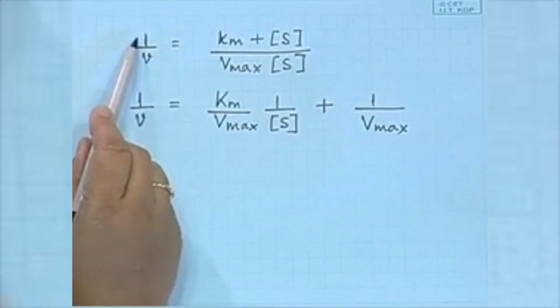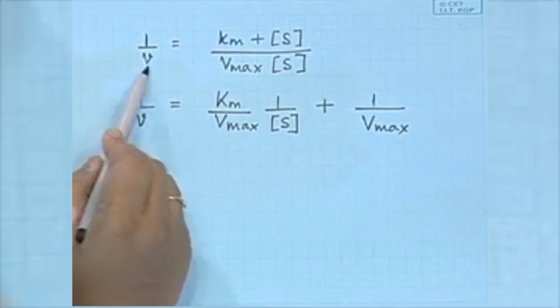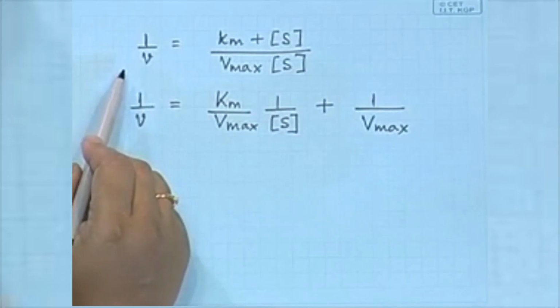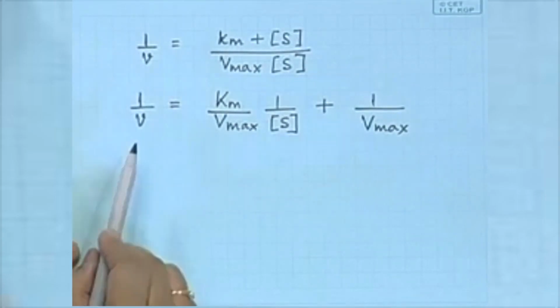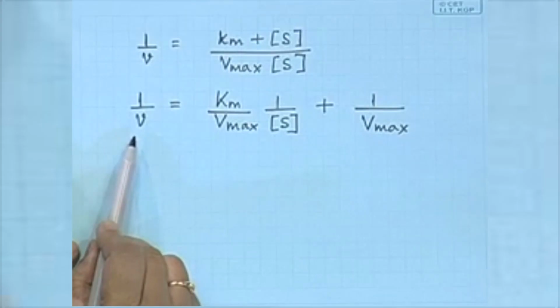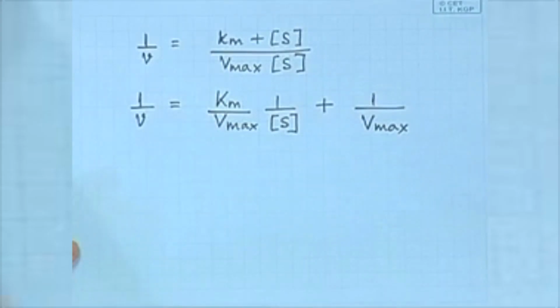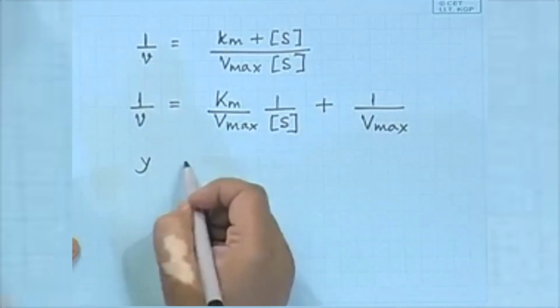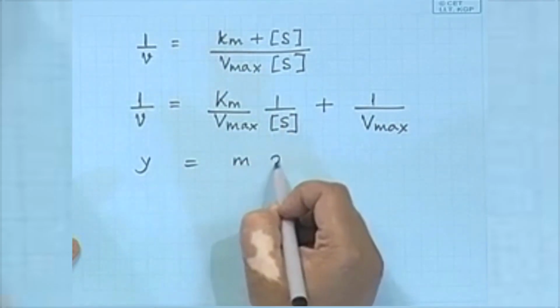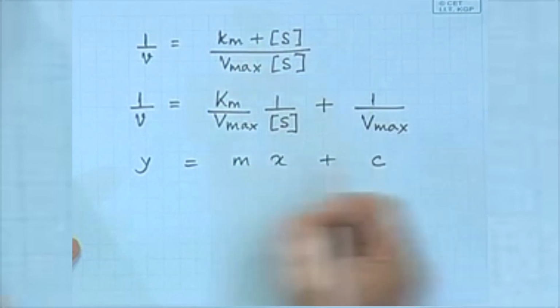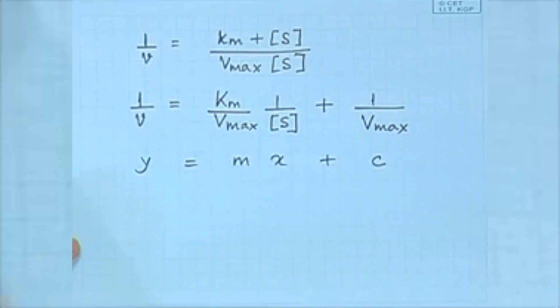I consider 1 by V from the Michaelis-Menten expression. I've just inverted the Michaelis-Menten expression, and I work out an expression where I have the form of y is equal to mx plus c. Right? So what can I do?